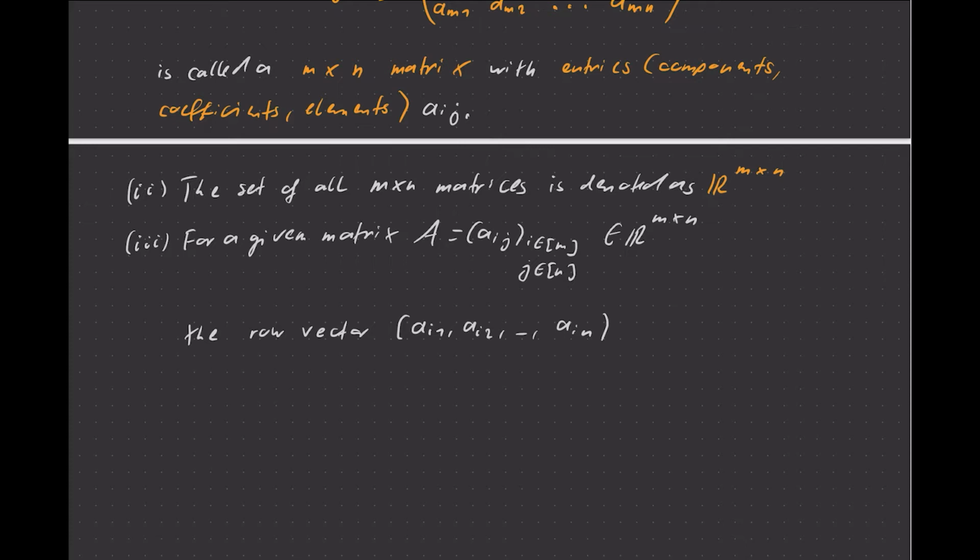So the i, the row index, is always the same. And that is a vector in R to the n. That is called the ith row of A.